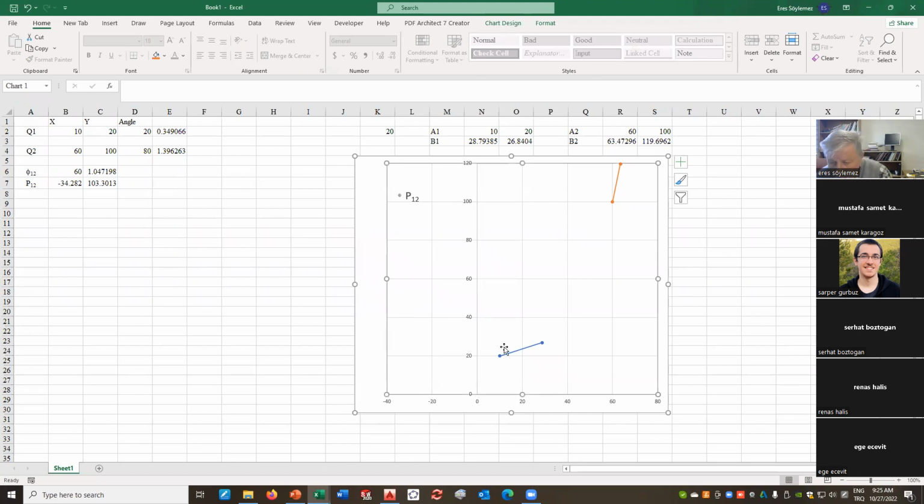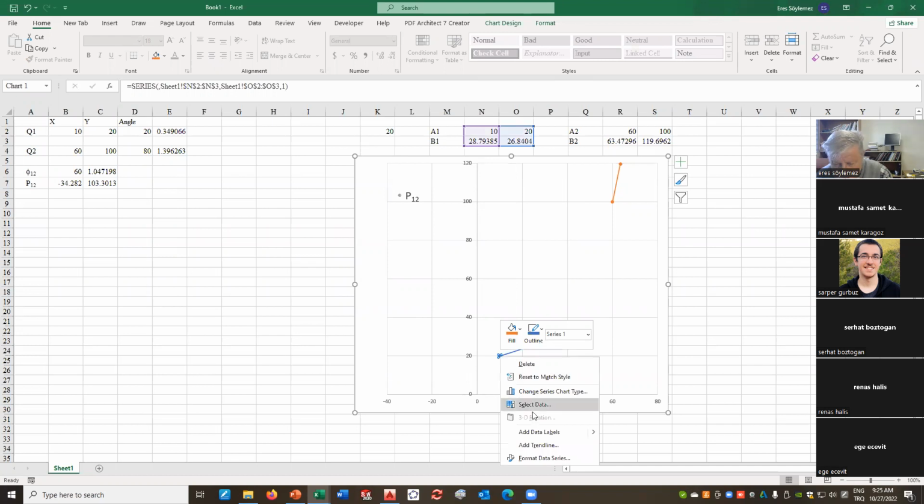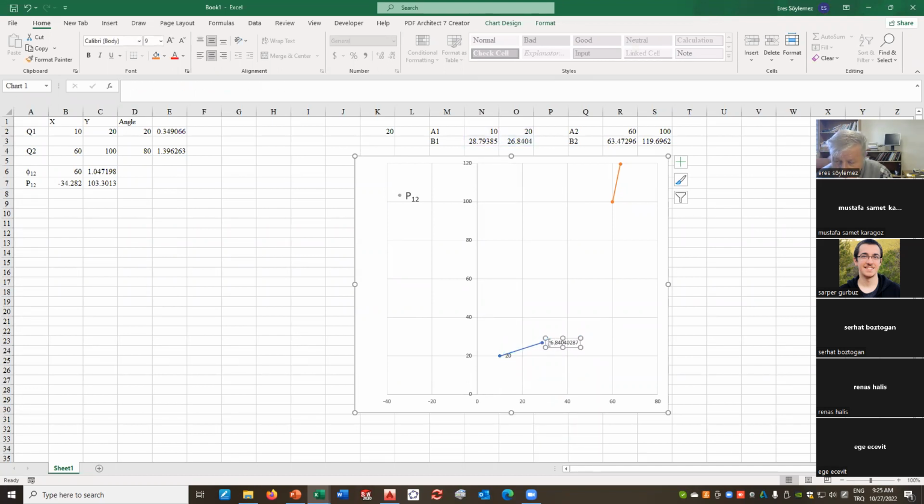That's P12. I'm going to show it for this case. Add data labels. B1, do the same thing. Increase the size.